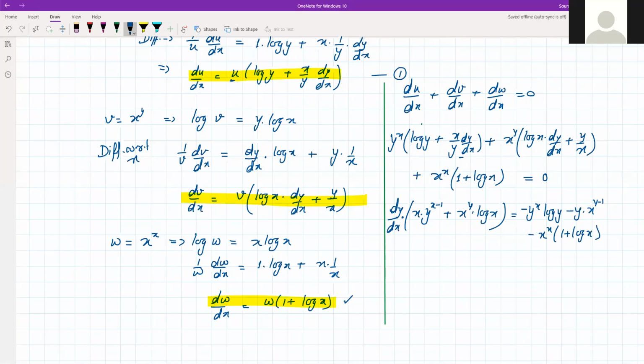So these are the things which are on the right hand side. So now we have to just find dy by dx.